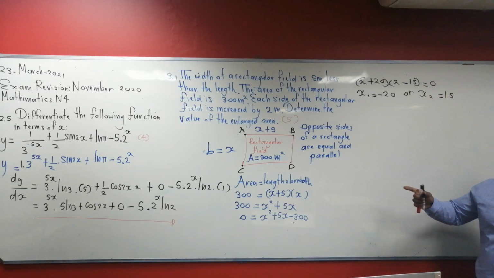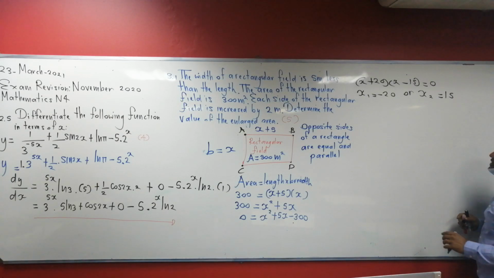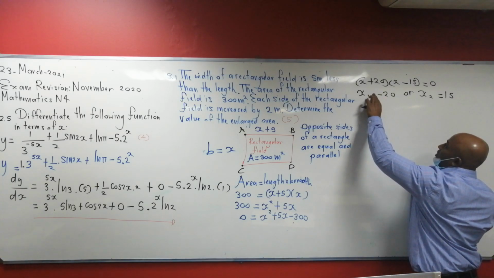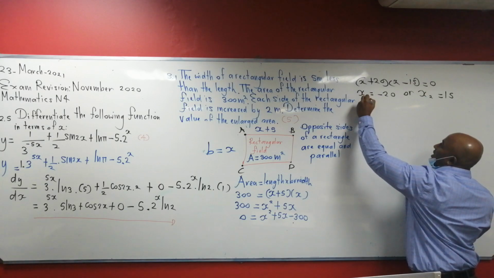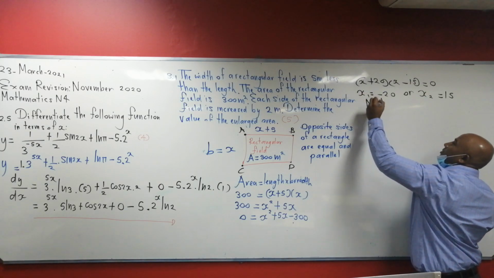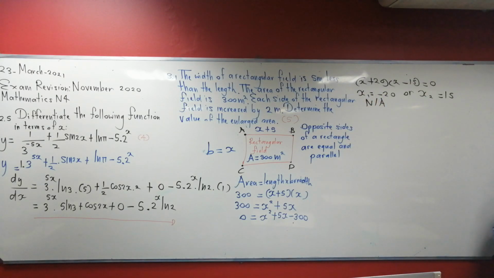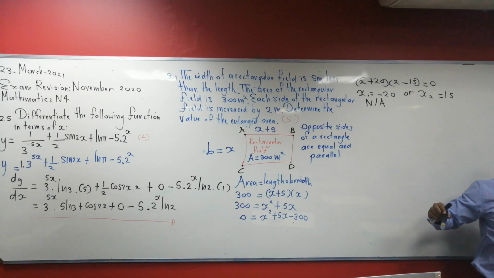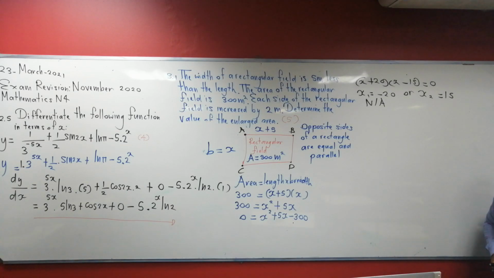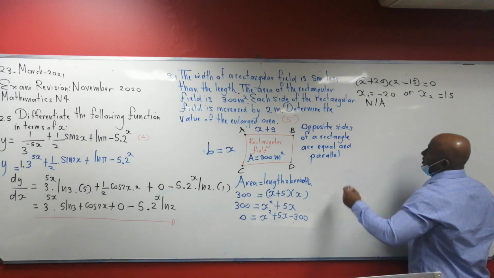So now, your measurements are always positive. So x1 equal to minus 20 is not applicable. It doesn't work when we're dealing with measurements. We always measure positive. So x2 equal to 15 is the solution, the side that we are looking for. So now, what did we say?